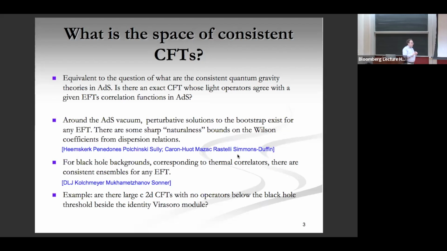Or we could slightly relax this definition, and we could ask whether there could be large c CFTs with only a small number of operators below the black hole threshold, and maybe not very far below the black hole threshold. So we could ask slightly different questions. And anyway, it would be interesting to know the answer to any of those kinds of questions. And that's going to be related somehow.